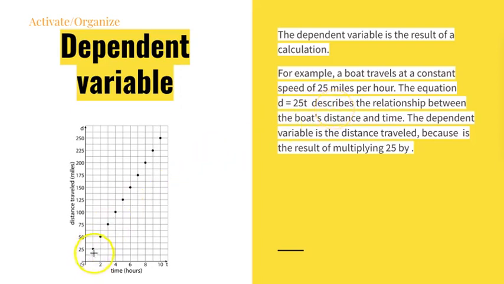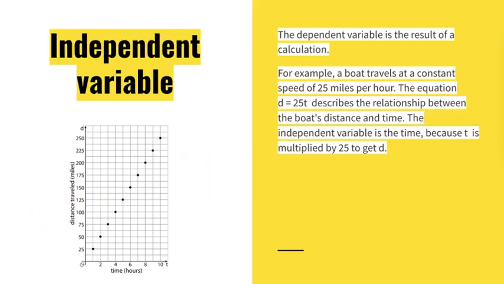So in 1 hour, it's going to go 25 miles. In 2 hours, the dependent variable is the thing that changes as a result. So there we go, 50. So distance here is our dependent variable.